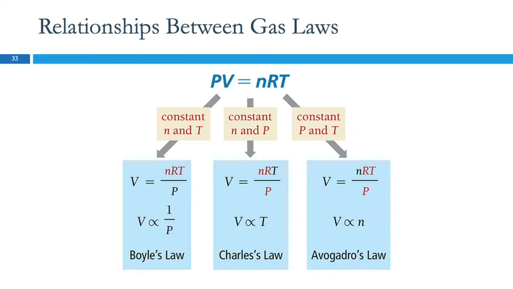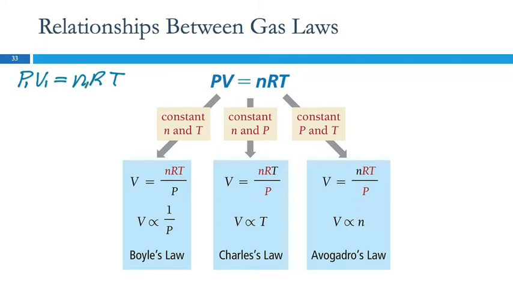This is showing the relationship between these different gas laws. What I want to show you is that just from PIV-NERT, you can get any equation that you need. Okay, so if I have PV is equal to nRT, ideal gas law, and we'll say this is one set of conditions.